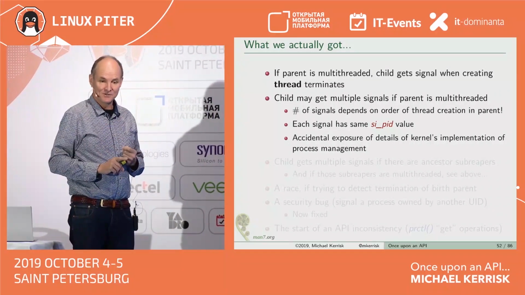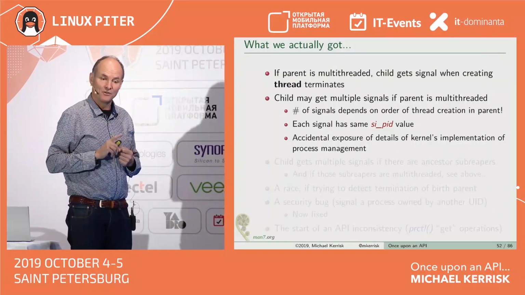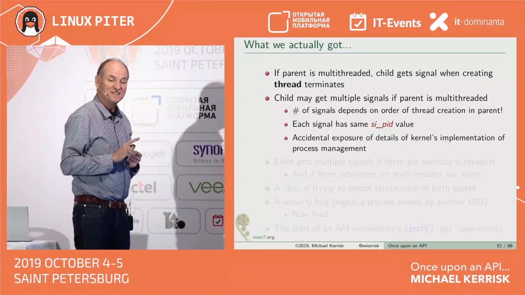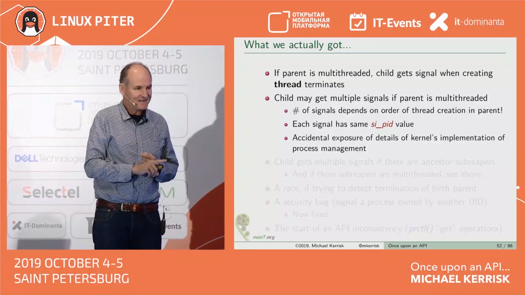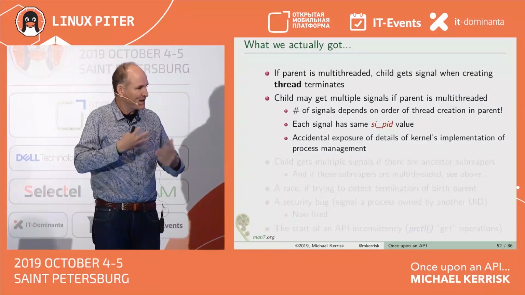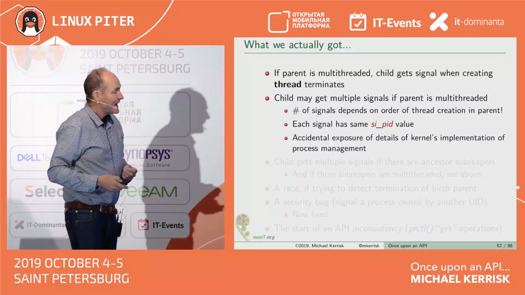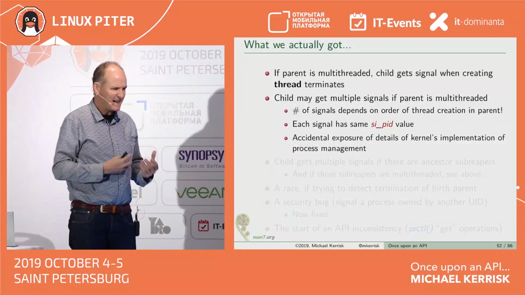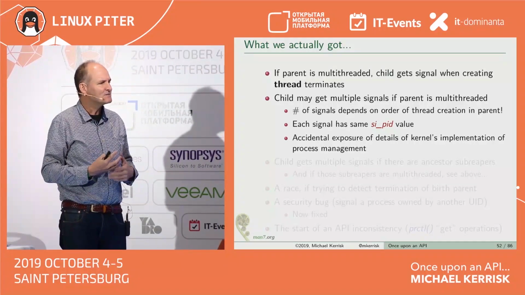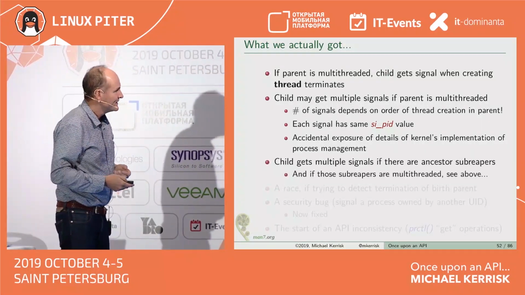The number of signals the child gets is going to depend on order of thread creation in the parent. Each one of those signals has the same SIPID value, the same parent process ID. And what we get, of course, here is accidental exposure of how the kernel is implementing its management of processes.